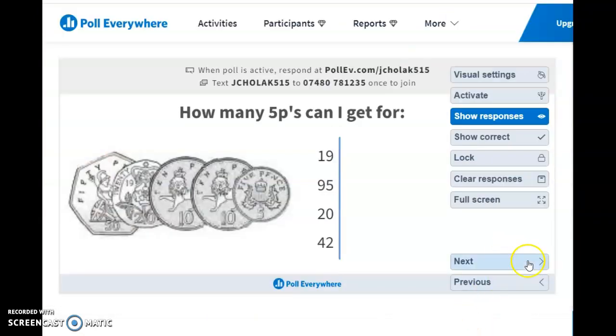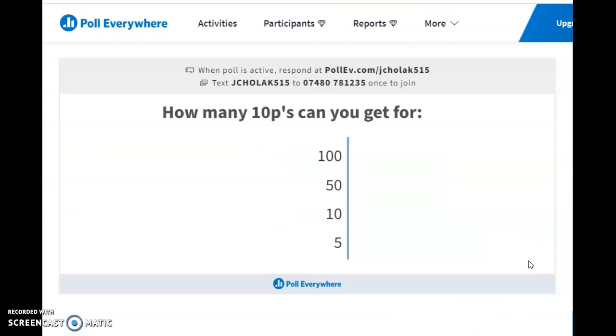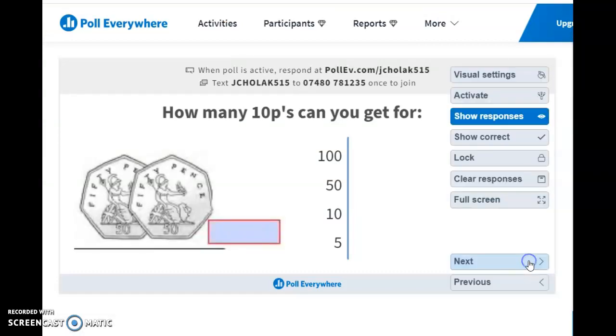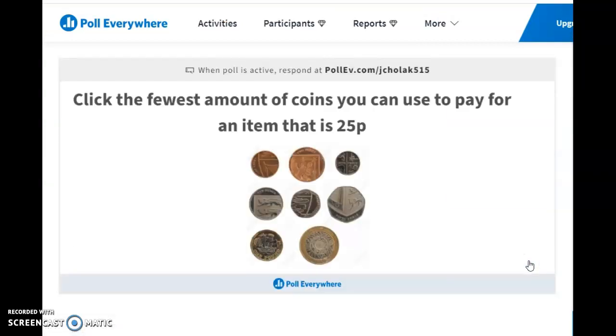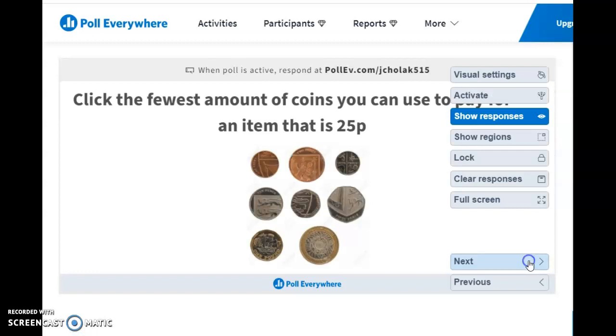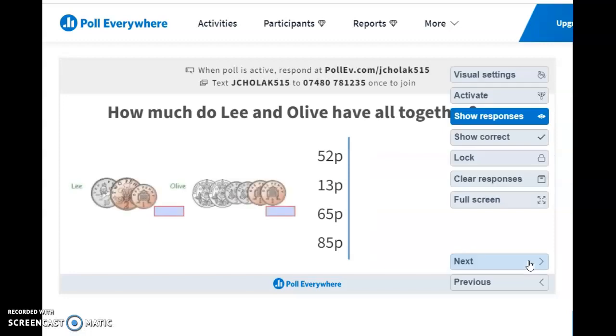All right, let's look at another question. Skip a few of these. Okay, the next question. So let's look here. How much money do Lee and Olive have all together? So here we have all of their money here.